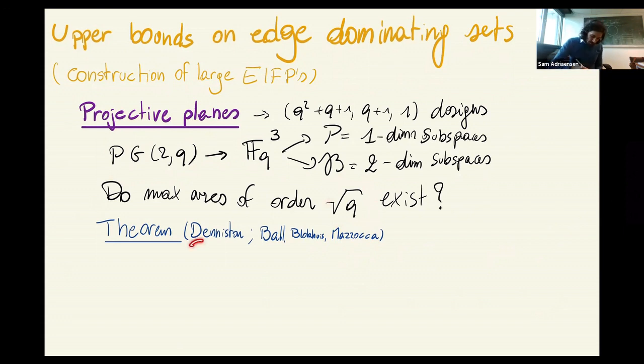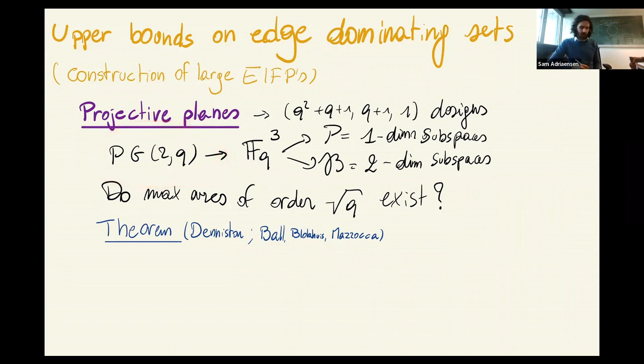Then Denniston proved that if q is even, and of course square, we can always make such a maximal arc. But Simeon Ball, Aart Blokhuis, and Francesco Mazzocca proved in the 90s, after the conjecture was open for some decades, that if q is odd, then the only maximal arcs in PG(2,q) are trivial examples.